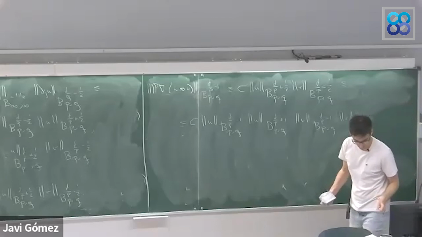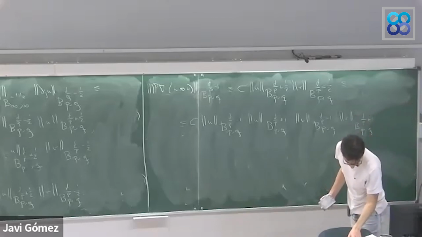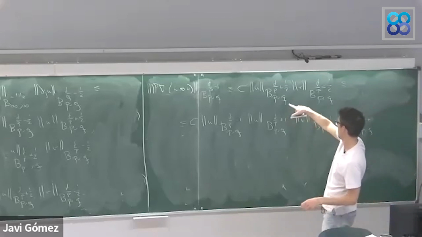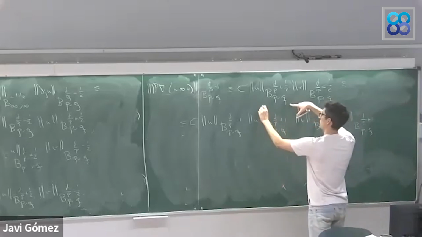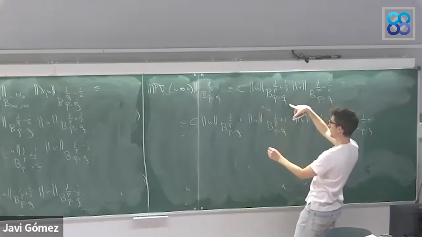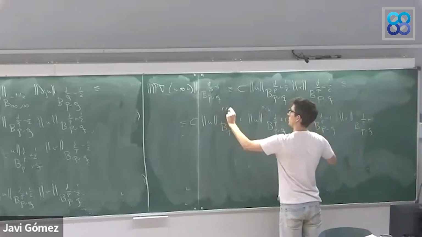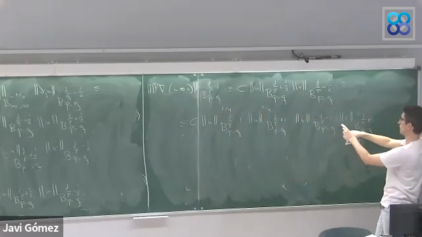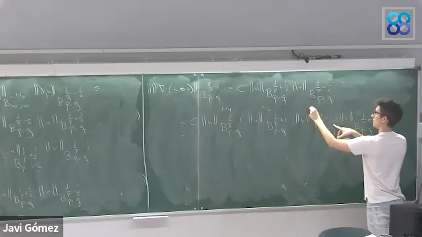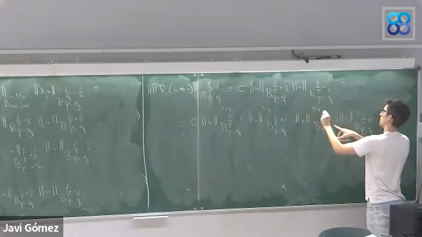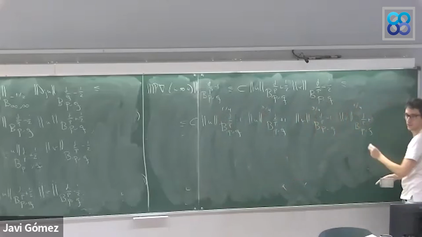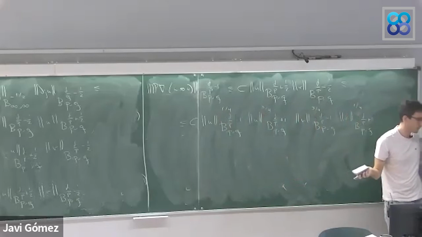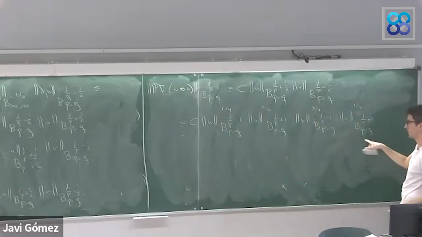The exponents, for this one, 3/4, 1/4. And this one is the other way around. Using interpolation, one of the properties of the interpolation in vector space.